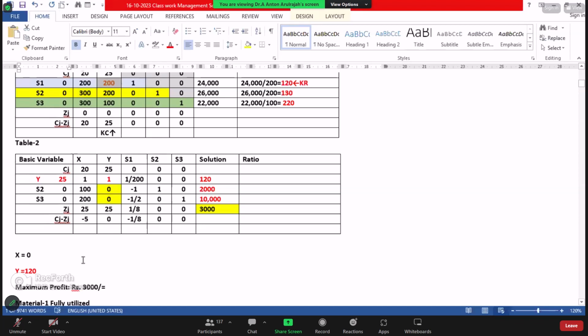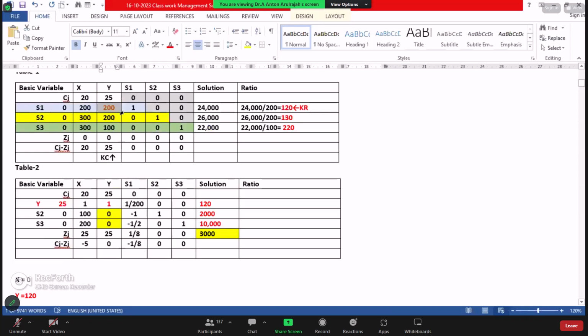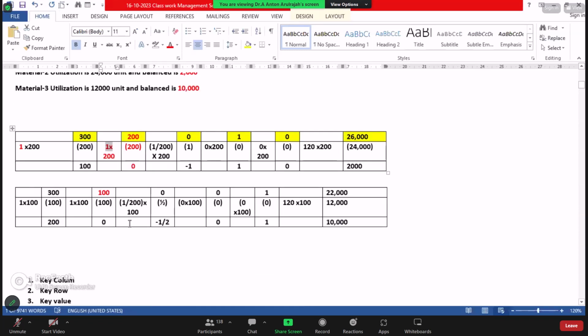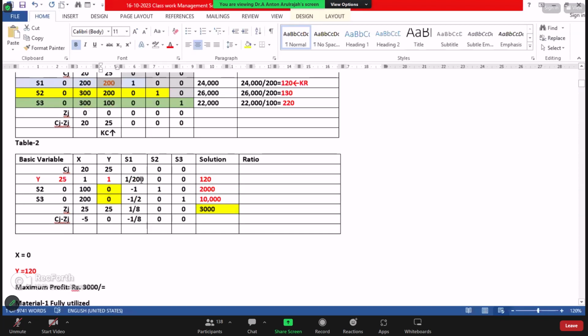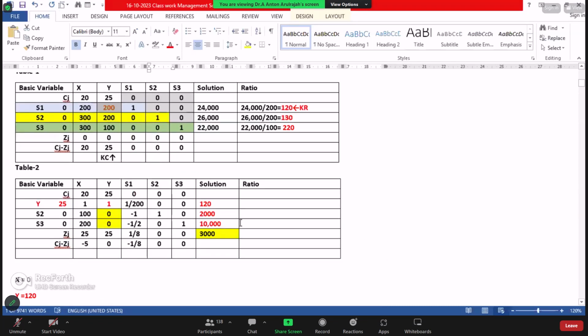This one into 200, next one into 200. 1 into 200, 1 by 2 into 200, 0 into 200, 0 into 200, 120 into 200. Likewise, we multiply and write it and subtract it.